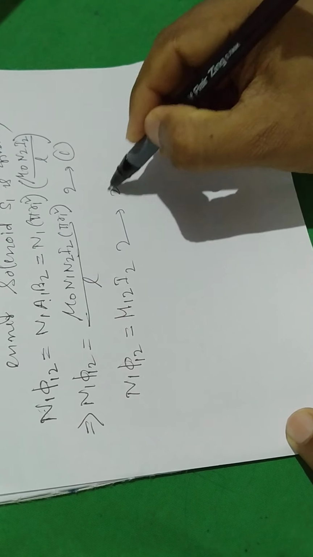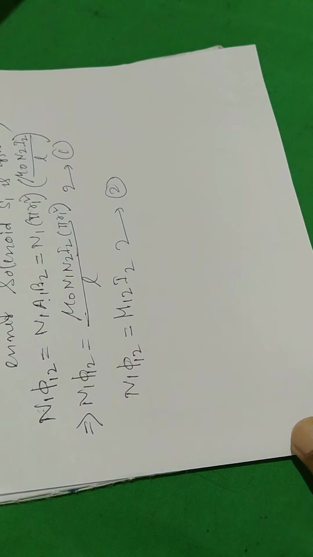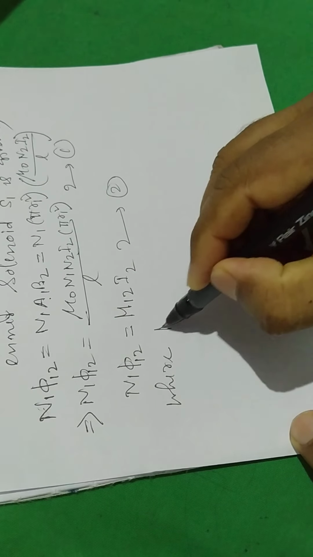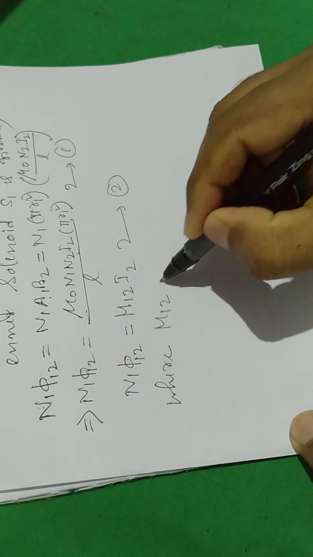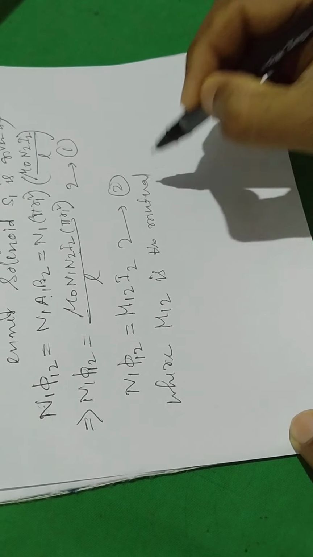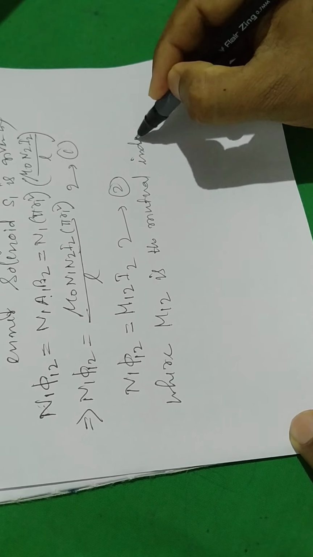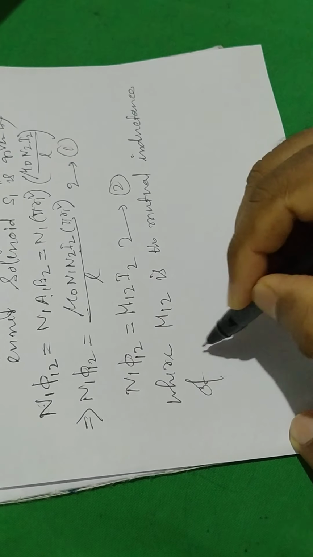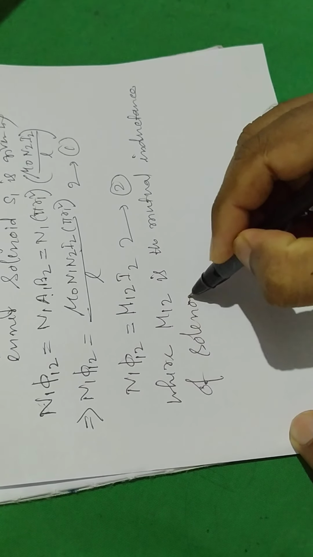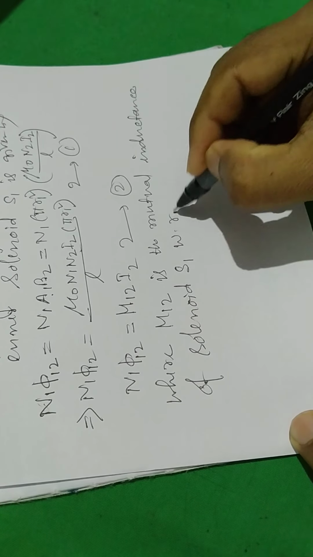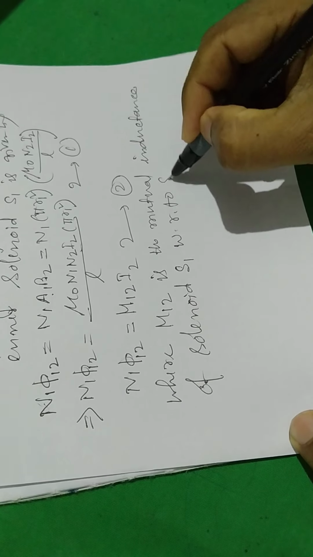This is equation number 2, where M12 is the mutual inductance of solenoid S1 with respect to S2.